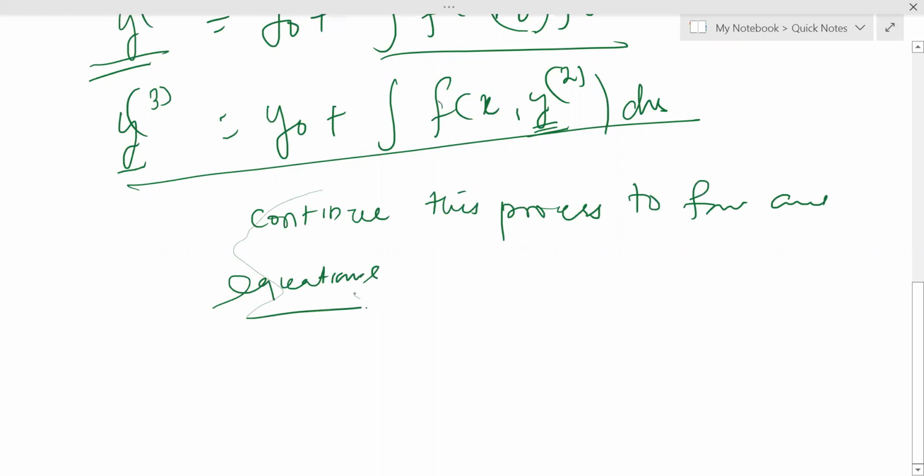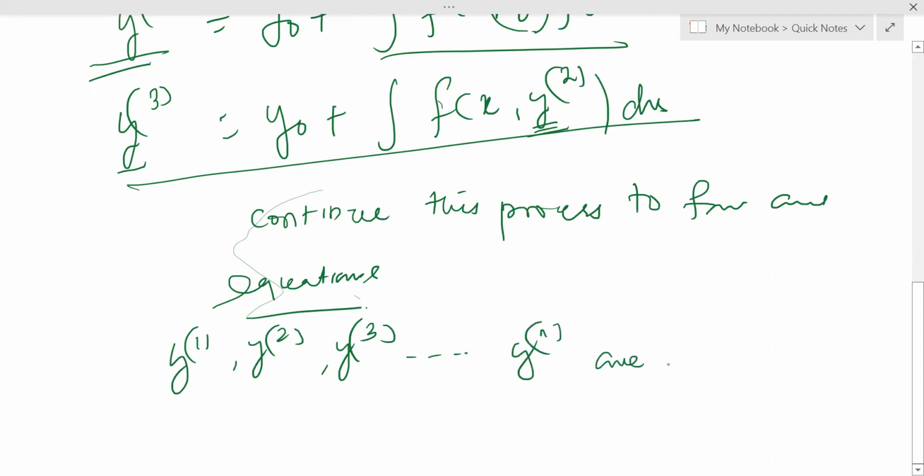So this is called the equation of y1, y2, y3. Finally, we converge to a point: y1, y2, y3, yn are converged at a point.